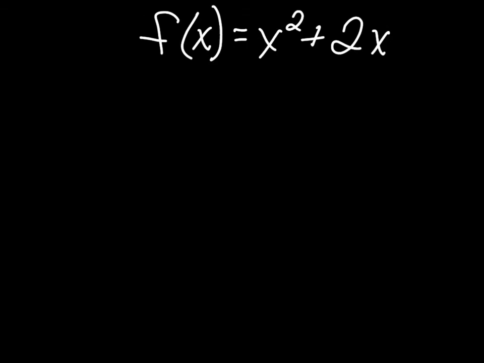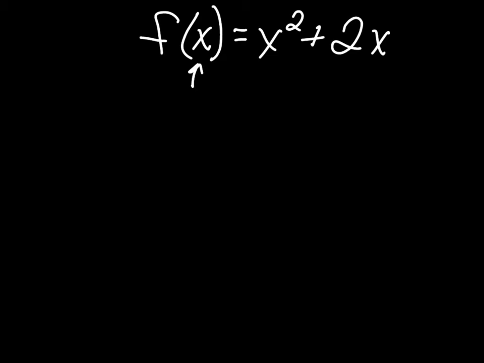Okay, so that's enough about telling me whether a graph or a set of numbers is a function or not. Now I want you to actually evaluate the function. So if I give you a value for x, I need you to tell me what my f of x would be.